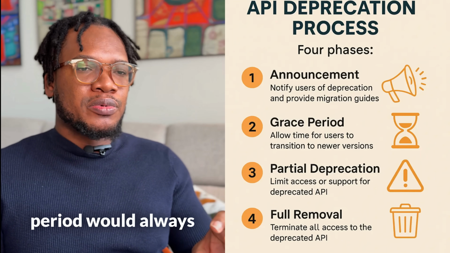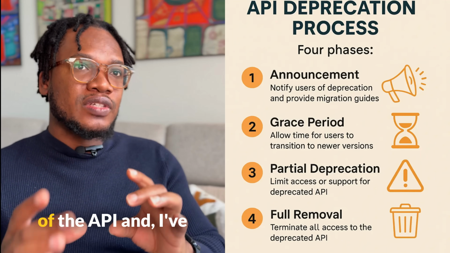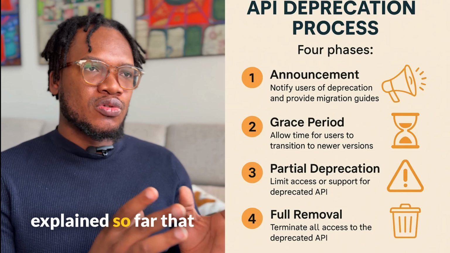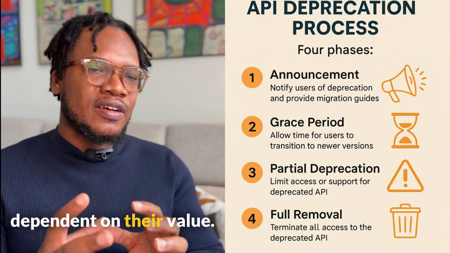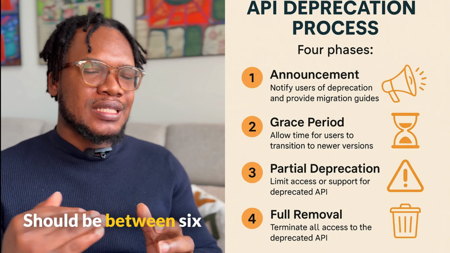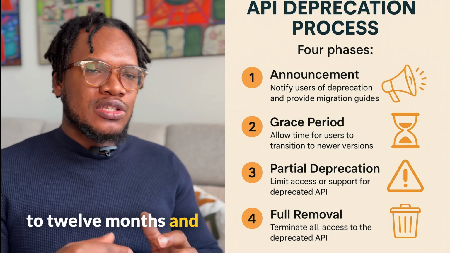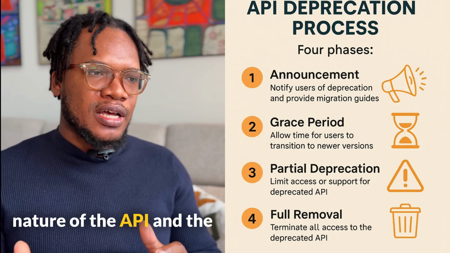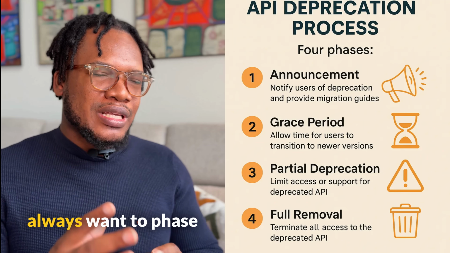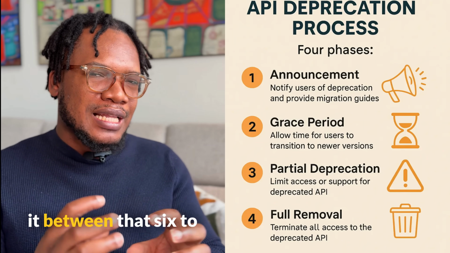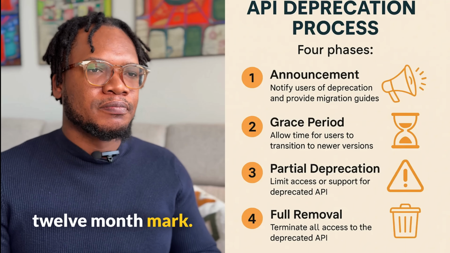The length of the grace period would always depend on the nature of the API. And I've explained so far that different types of APIs, dependent on their value, should be between 6 to 12 months. And so, dependent on the nature of the API and the criticality of the changes, you should typically always want to phase it between that 6 to 12-month mark.